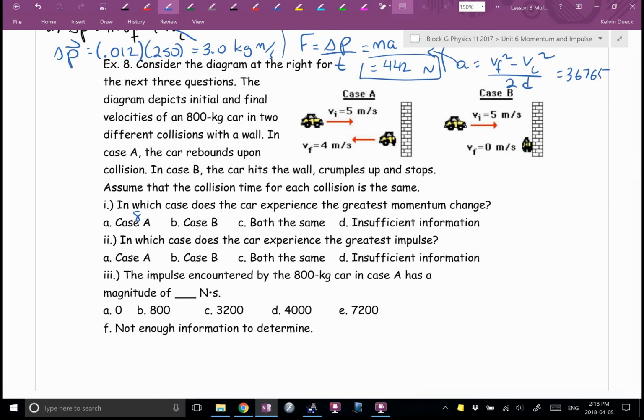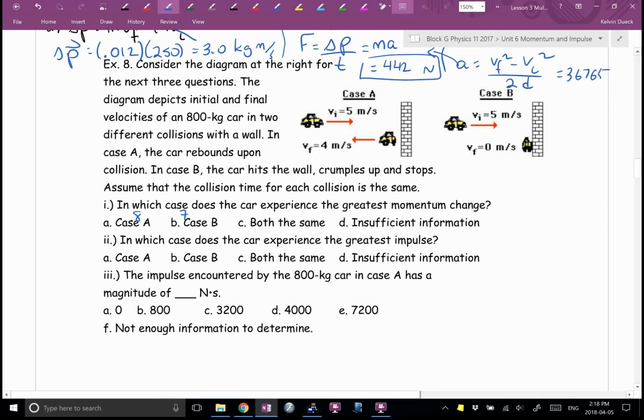Who says both the same? Emily, were you going to raise your hand? Who says can't tell? So 15 of you voted.